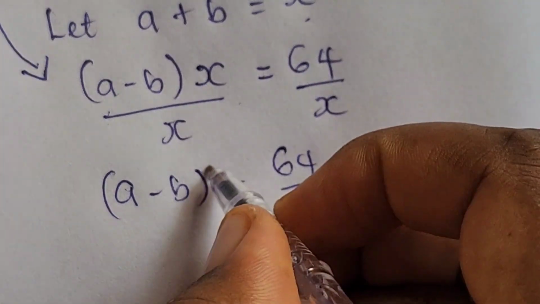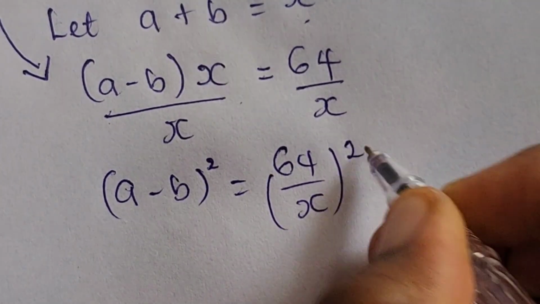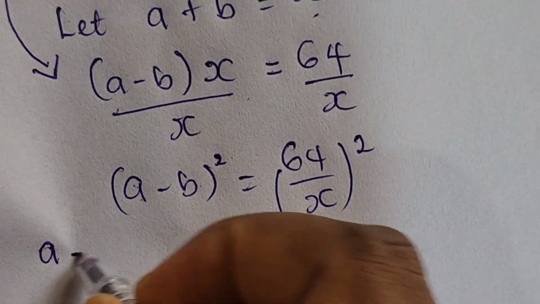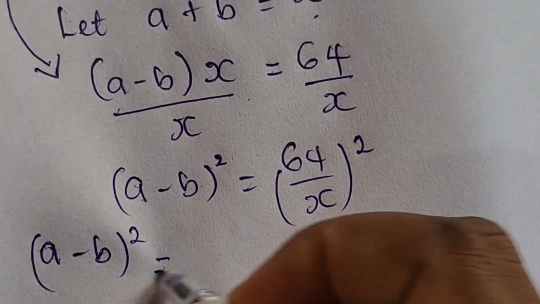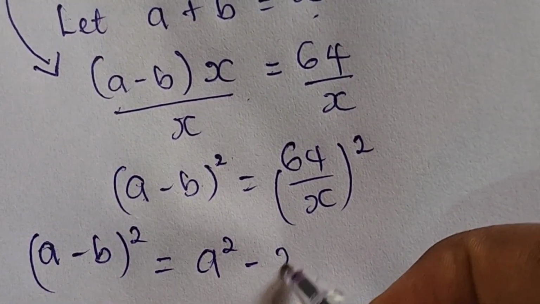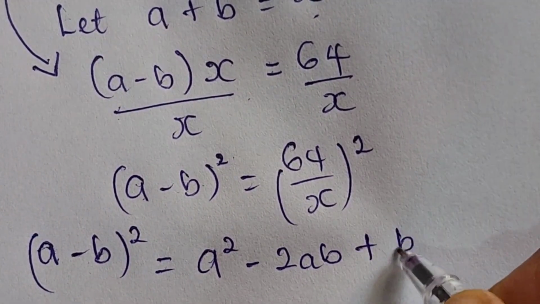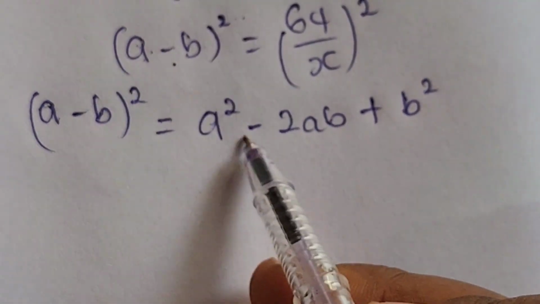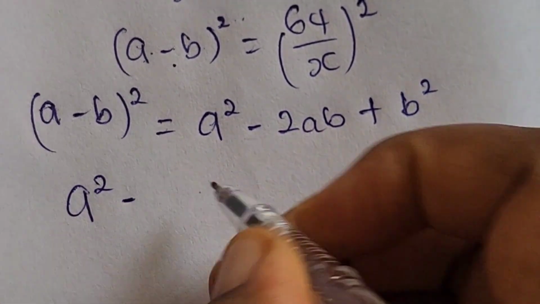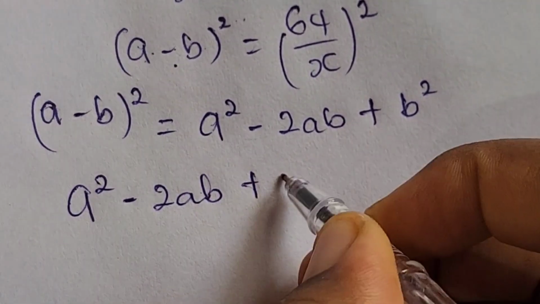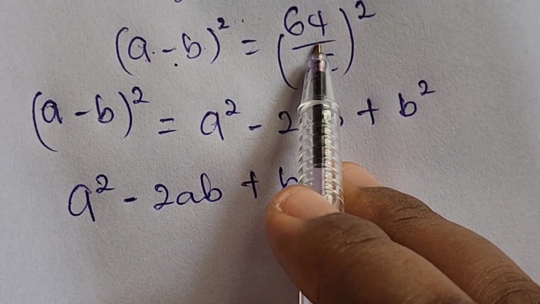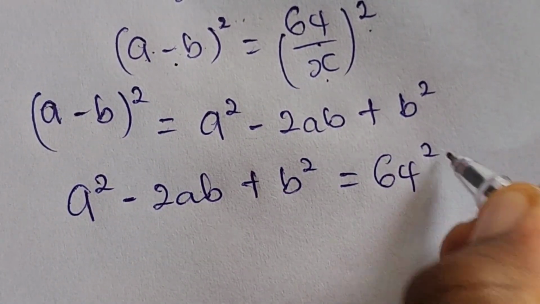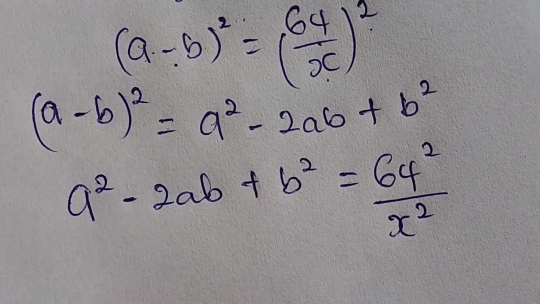So from here, we can square both sides. Now we have a minus b all squared, which is equal to a squared minus 2ab plus b squared. So this equation becomes a squared minus 2ab plus b squared equal to 64 over x all squared, which is the same as 64 to the power of 2 all over x squared.